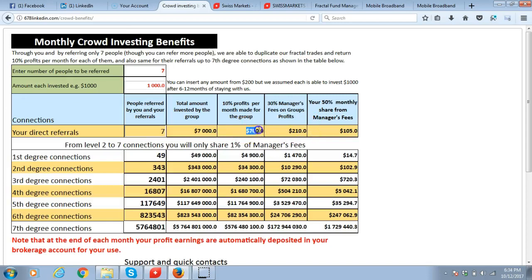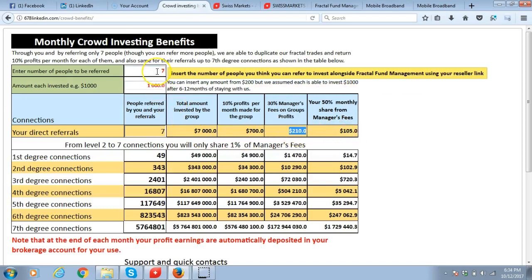And we will return on average 10%, 700. Out of this gross, we will deduct 30% performance fee. So my performance fee will be 210. And it is this performance fee I will share with you equally.